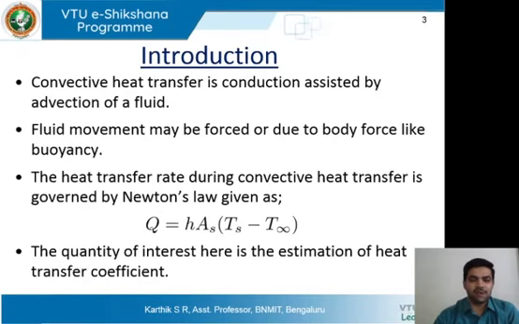The movement of this fluid can be due to an external agent like a pump. If that is the case, we refer to the situation as forced convective heat transfer, or the fluid's movement may be due to density changes or buoyancy. Then you refer to it as free convection.